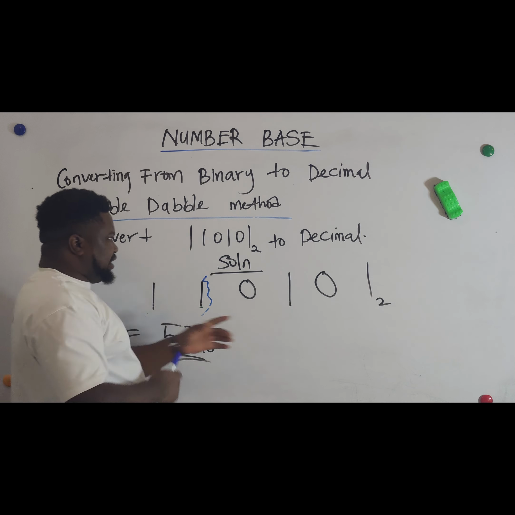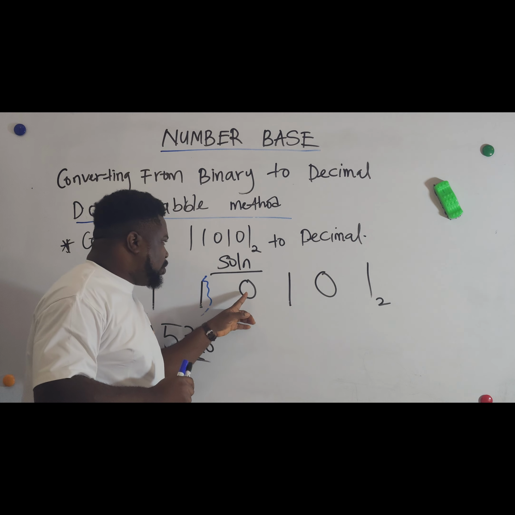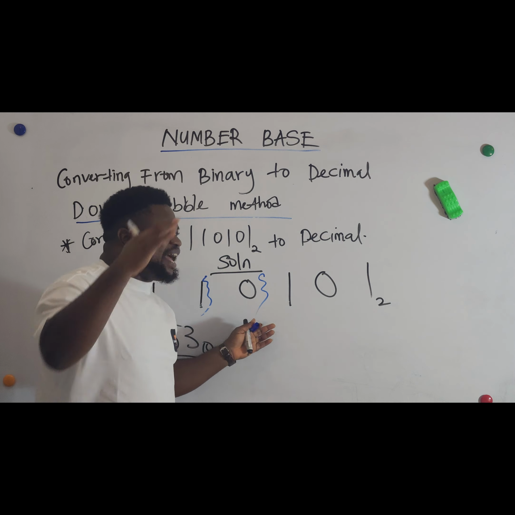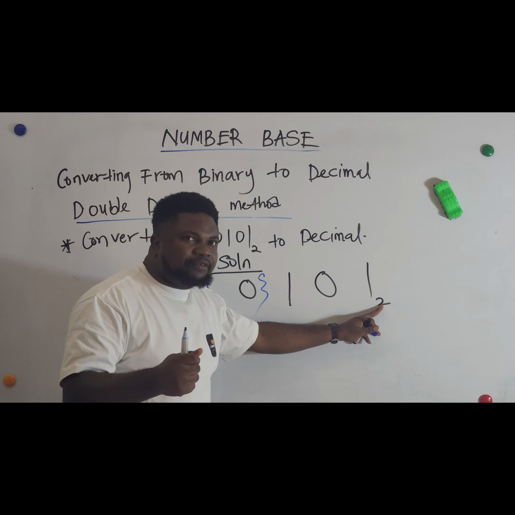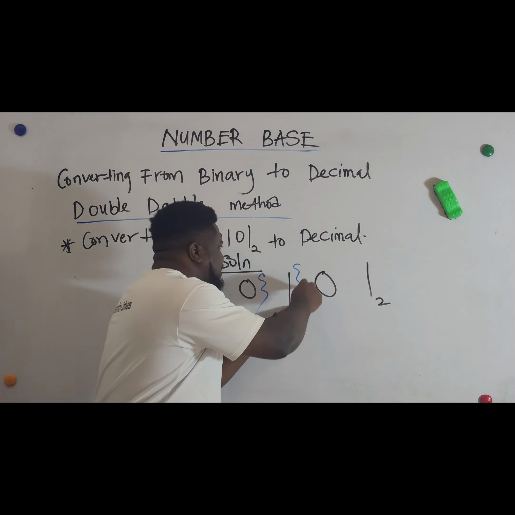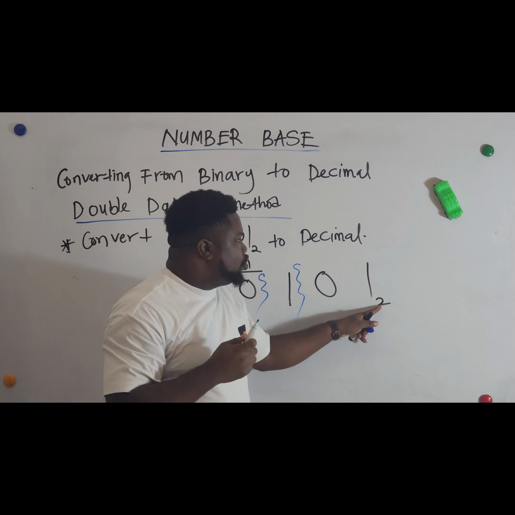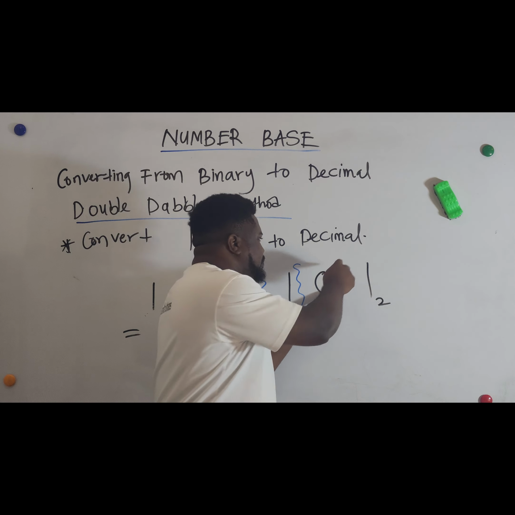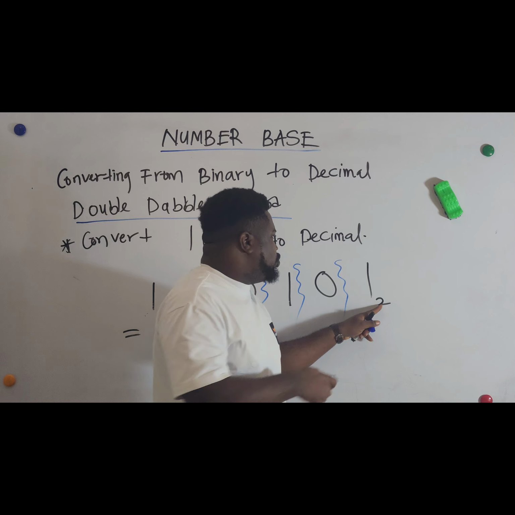So 3 times 2, 6. 6 plus 0, still 6. After adding, you multiply. So 6 times 2, 12. 12 plus 1 is 13. 13 times 2, 26. 26 plus 0. 26 times 2, 52 plus 1.